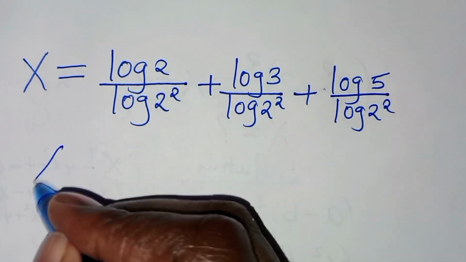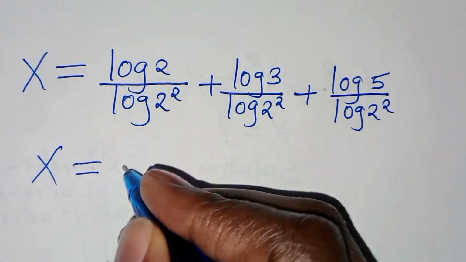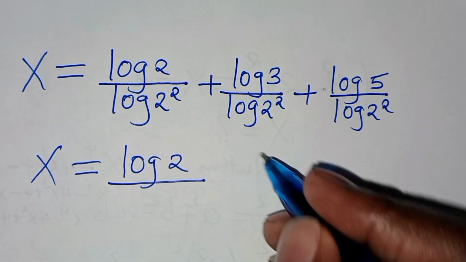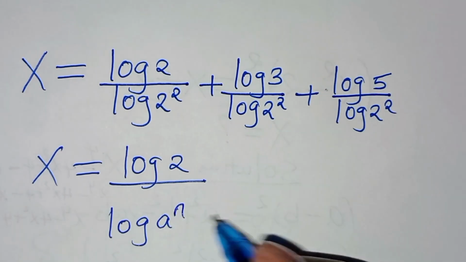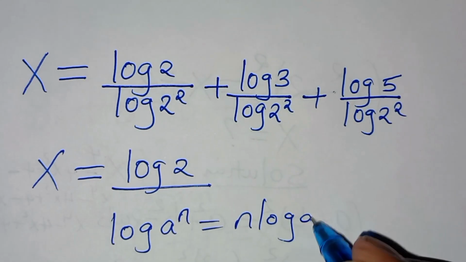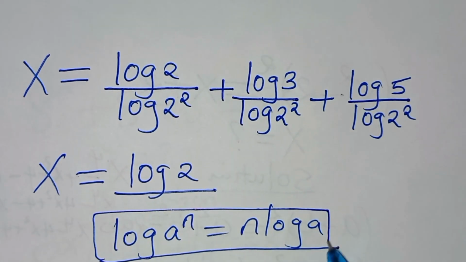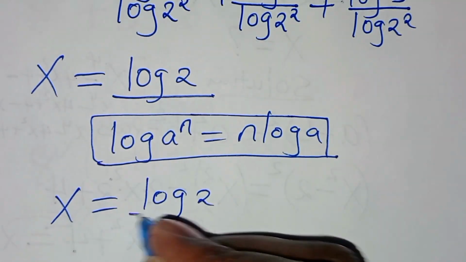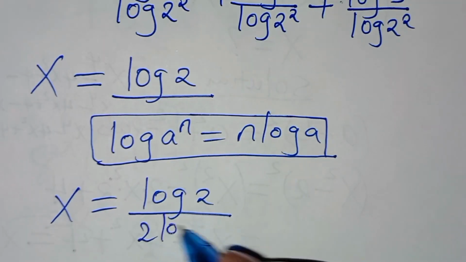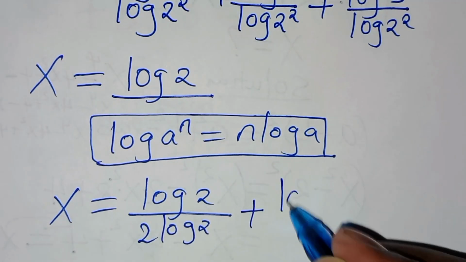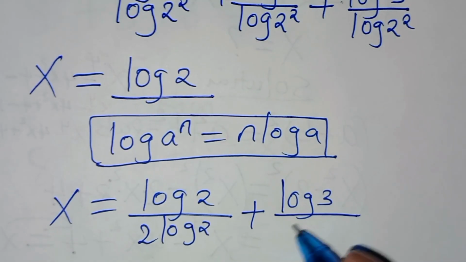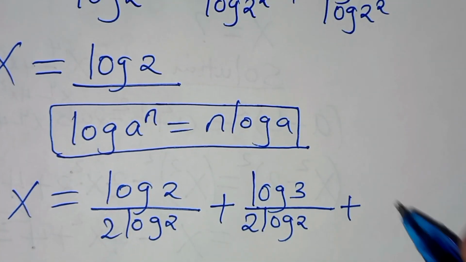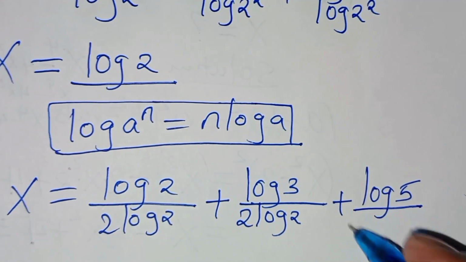Now here we have log 2 divided by log 2 to the power 2, which is in the form of log a to the power n, which we can express as n log a. So let's apply this property. Here x is equal to log 2 divided by 2 log 2, plus log 3 divided by 2 log 2, plus log 5 divided by 2 log 2.